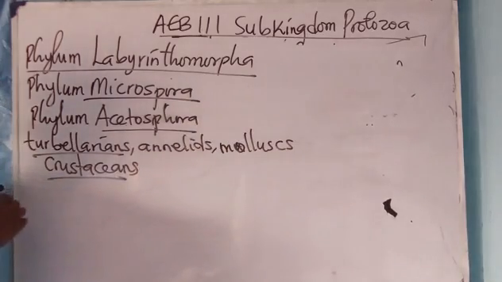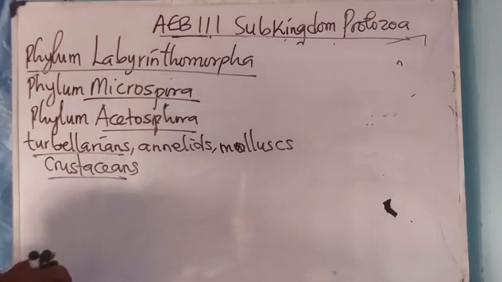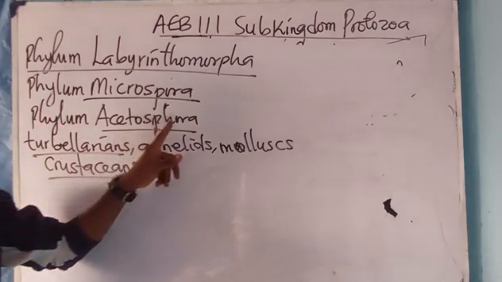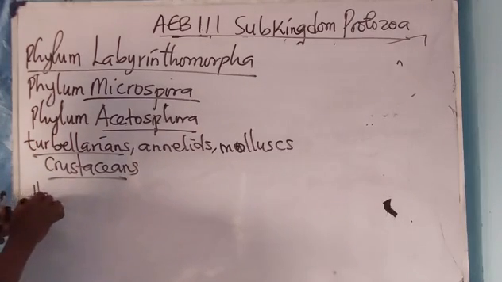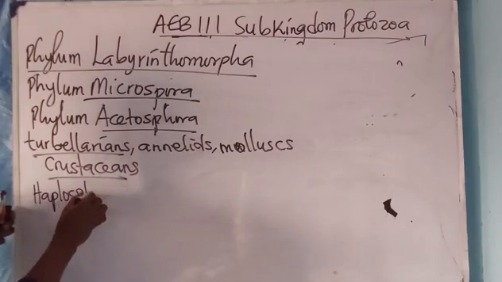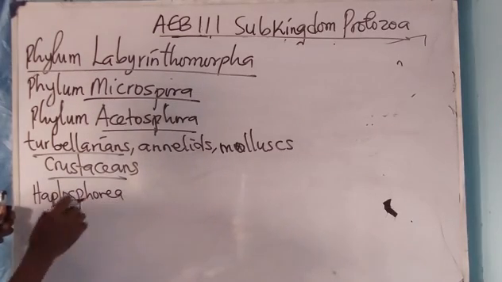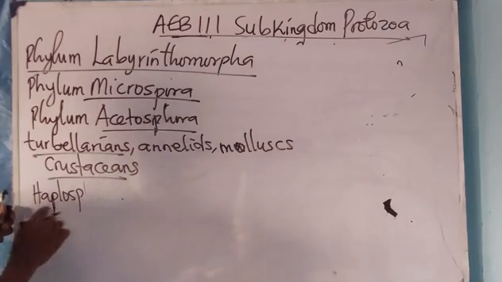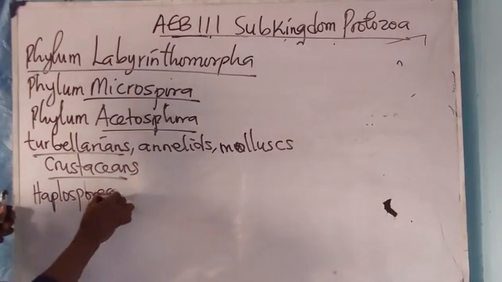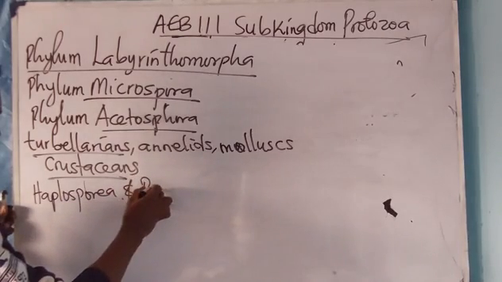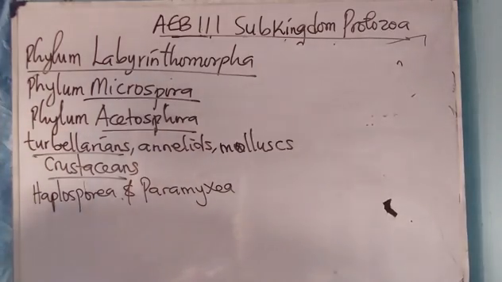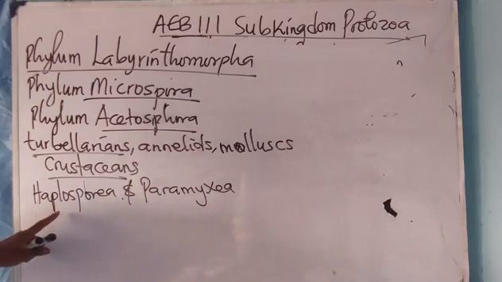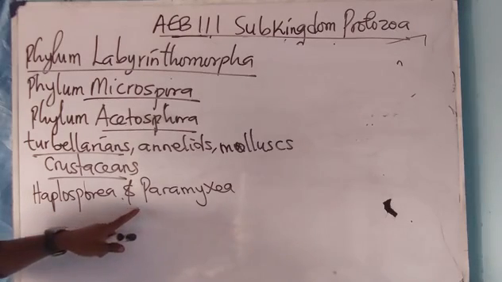Now, Phylum Acetospora is divided into two classes, which are the Haplosporia and the Paramyxea.